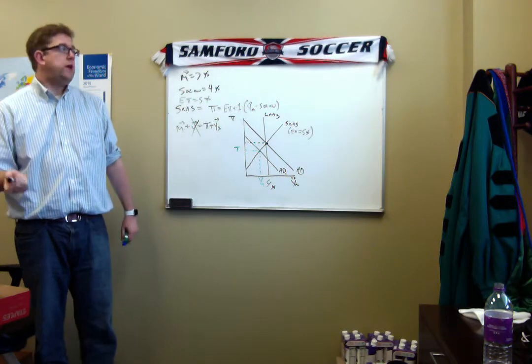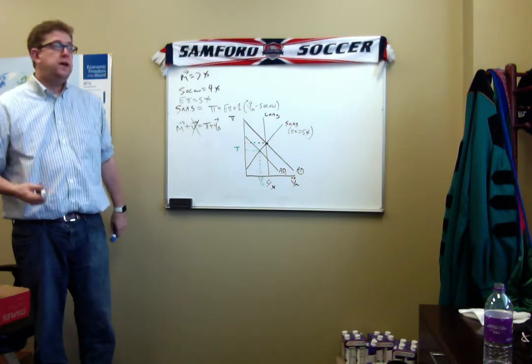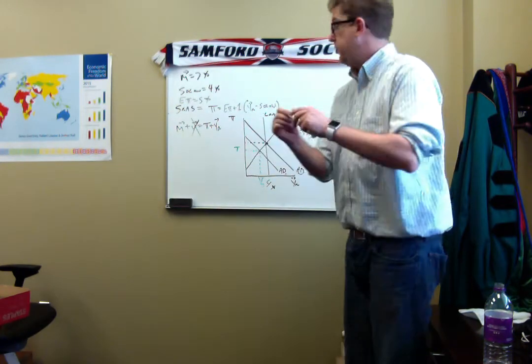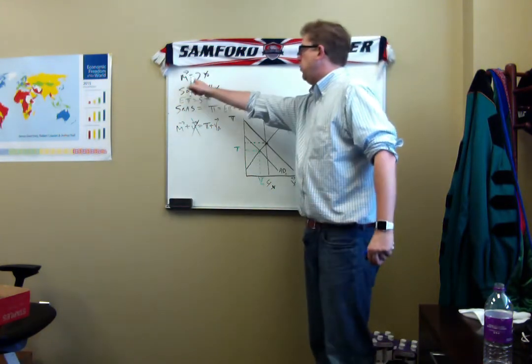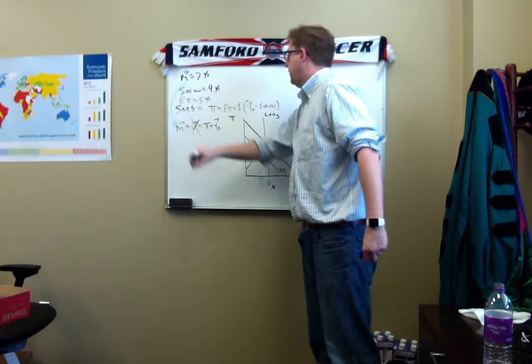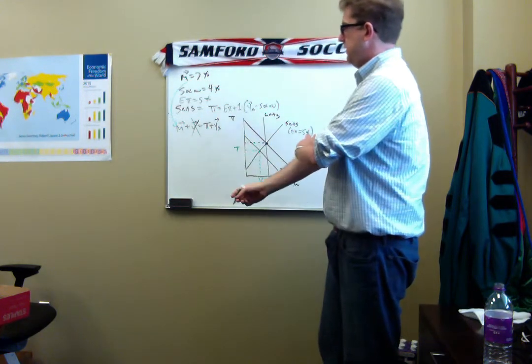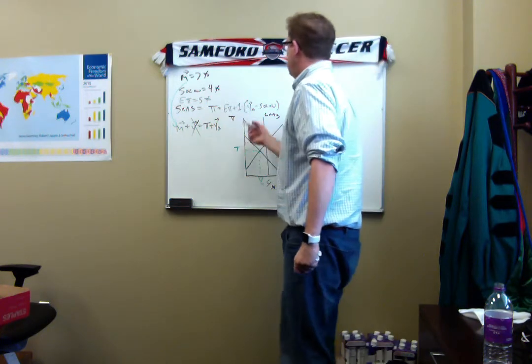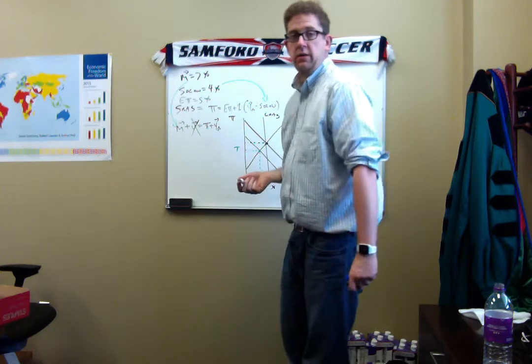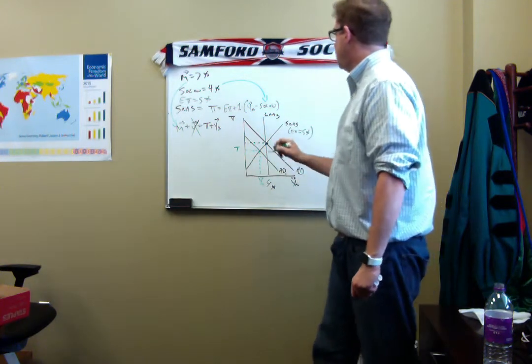And now we can basically plug and chug and solve for this new equilibrium. I'll do the math in green. We know the money growth rate is 7%. We stick that into the aggregate demand curve. We know that the Solow growth rate is 4%. We stick that into the Solow growth equation.